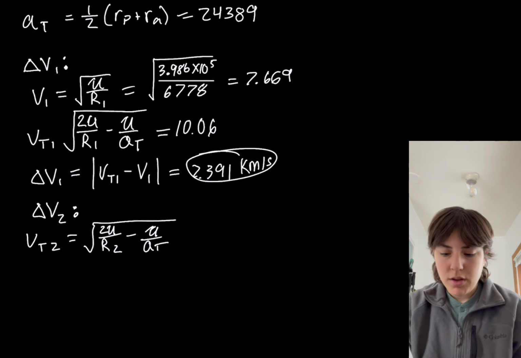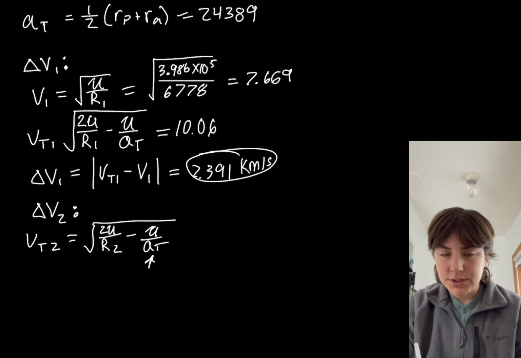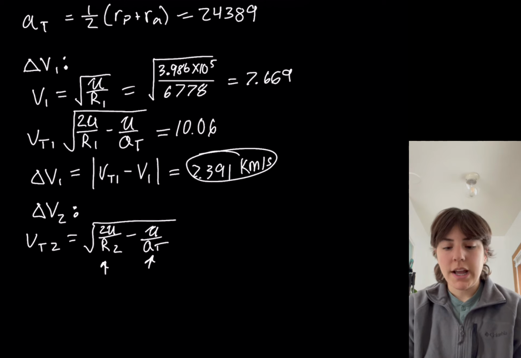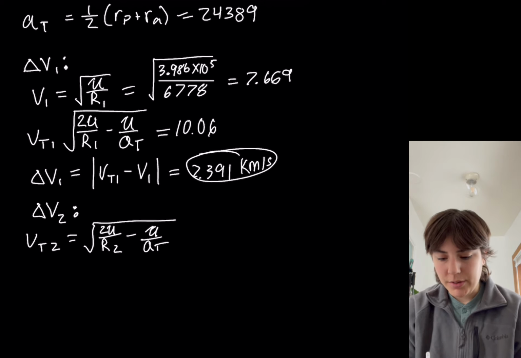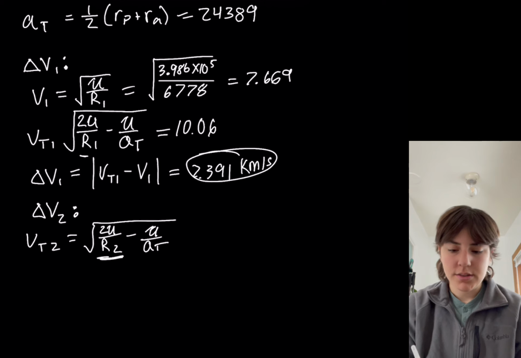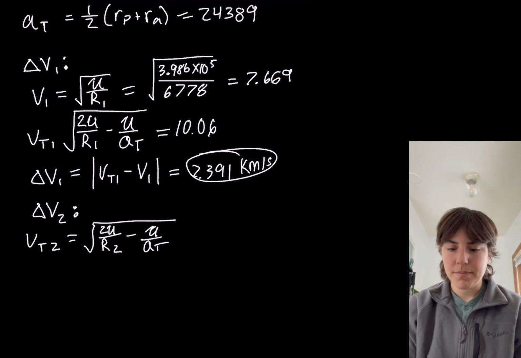So we're going from the transfer orbit onto the second orbit. That's why we put those radiuses, those distances there. And for the initial velocity for the transfer orbit, we were going from the first orbit to the transfer orbit. So that's why we make sure that we put the right radiuses there.